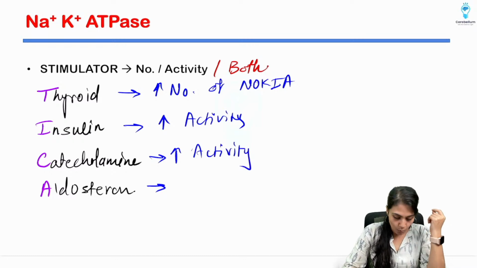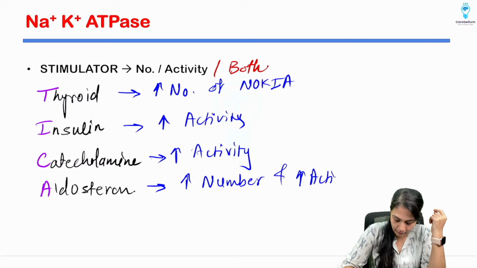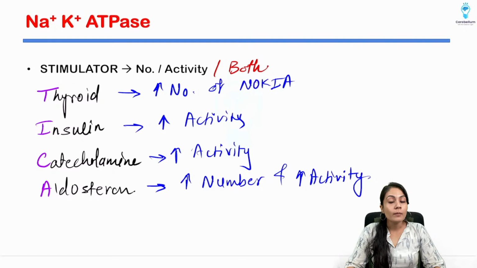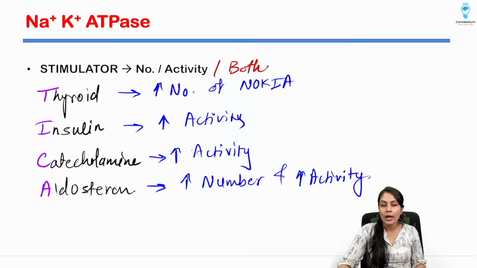And aldosterone acts as both: it increases the number as well as the activity of the already existing sodium potassium ATPase. So the sodium potassium ATPase is maximally stimulated by aldosterone, because both are activated.